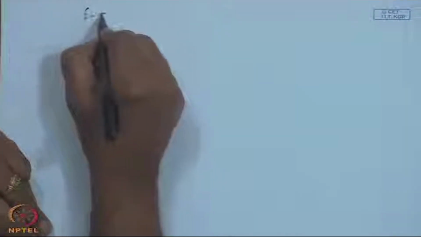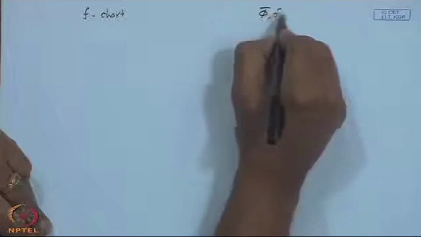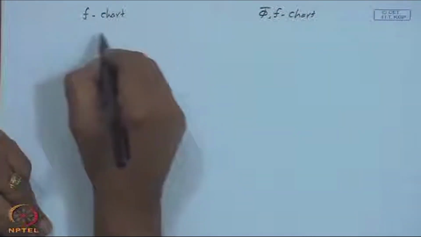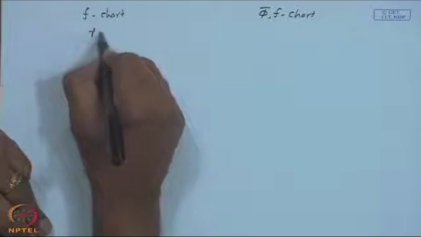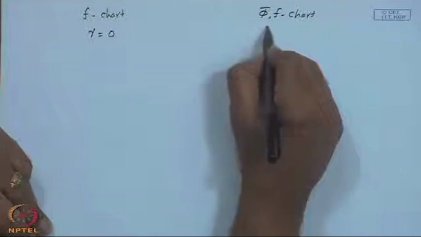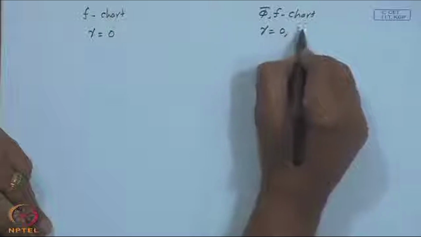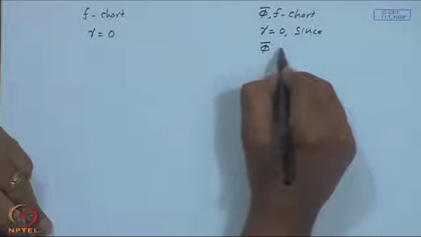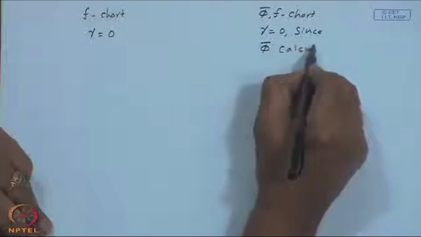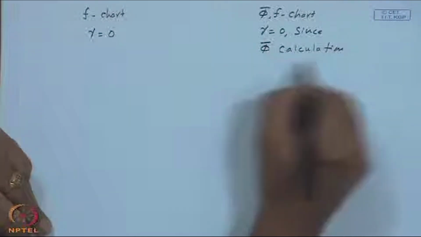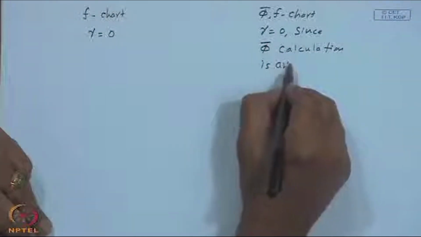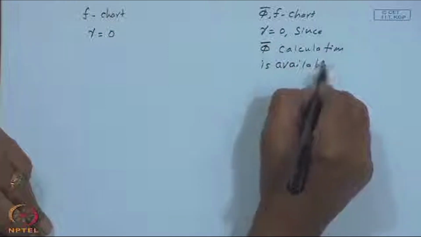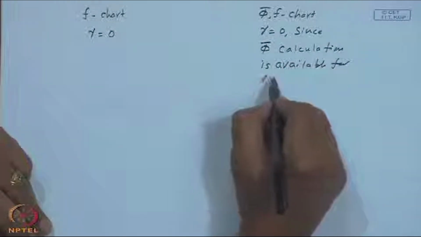Again F chart and your phi bar F chart. Now, gamma is equal to 0, since phi bar calculation is available for gamma equal to 0.